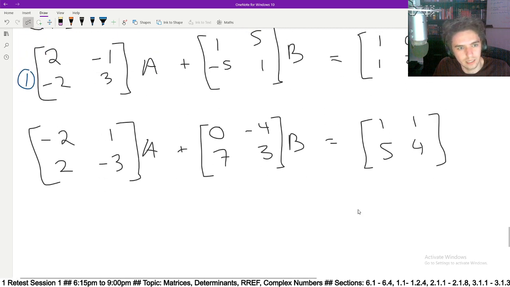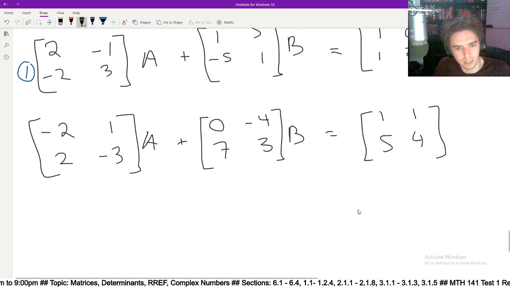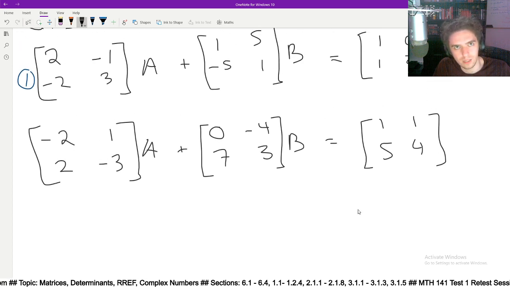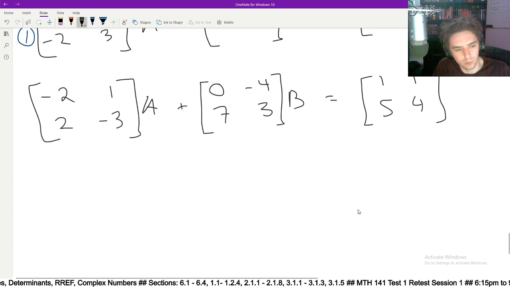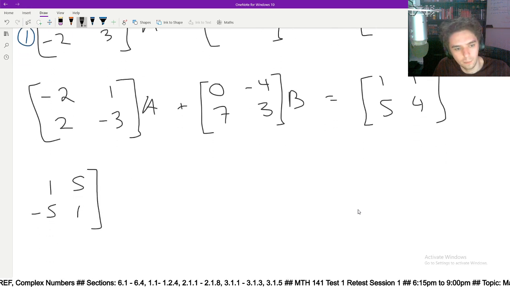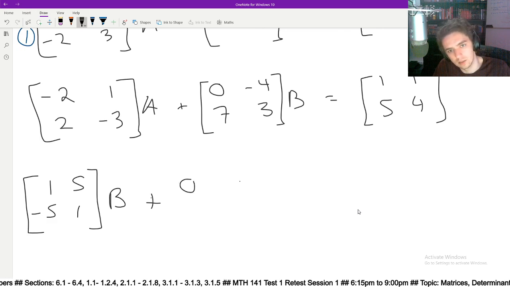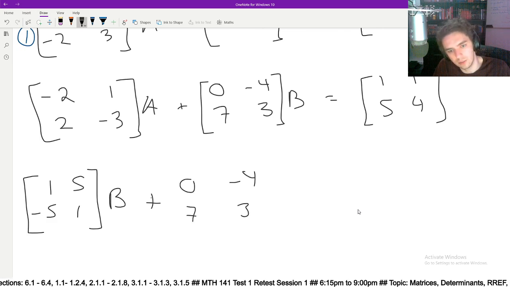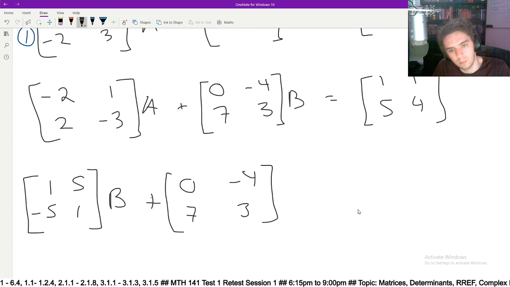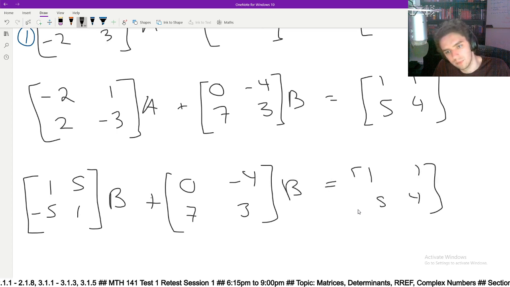This matrix plus this matrix is 0, so that just cancels, and then I'll write it out fully. [1, 5; -5, 1] B plus [0, -4; 7, 3] B equals [1, 1; 5, 4].